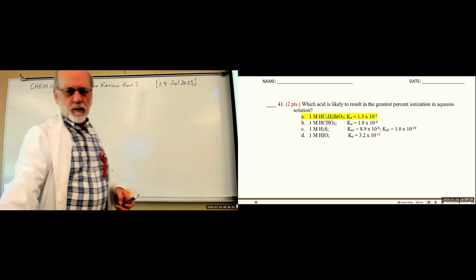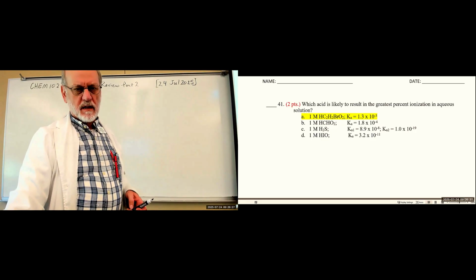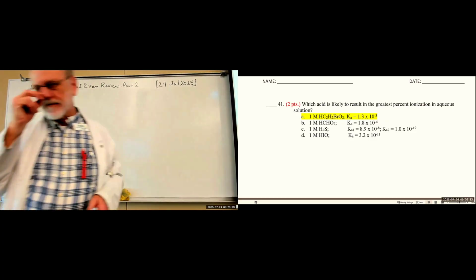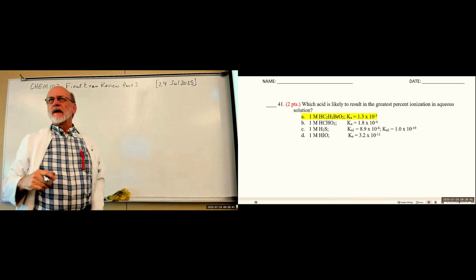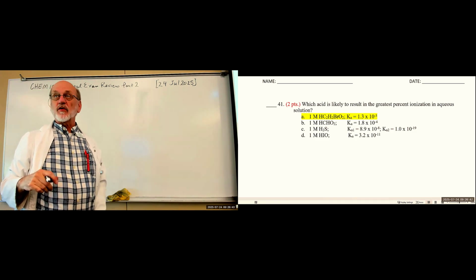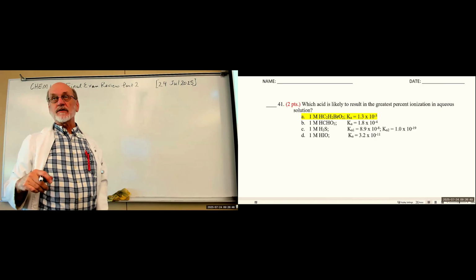All right, that was 40. Let's see here, 41. It'd help if I read the problem. Which acid is likely to result in the greatest percent ionization in an aqueous solution?